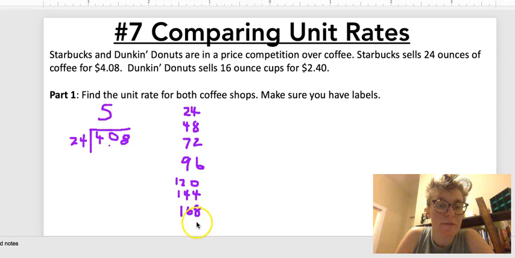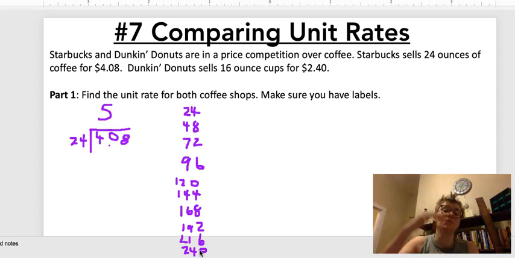The next one, 8 and 4 is 12. Regroup the ones. This is going to be 192. The next one's going to be 216. And the last one, I know I'm correct because if I do 24 plus 216, it's going to get me to 240. I'm going to stop there. You always want to do your multiples up to times 10.